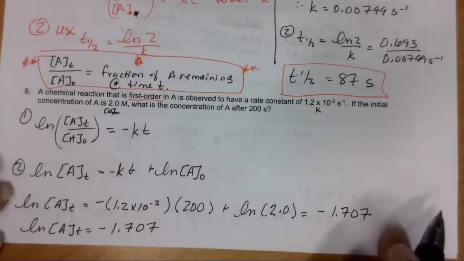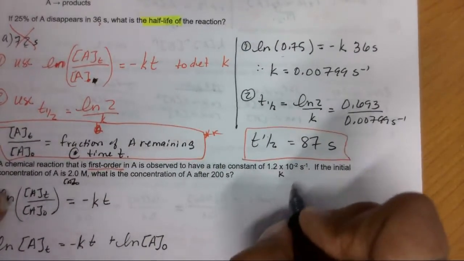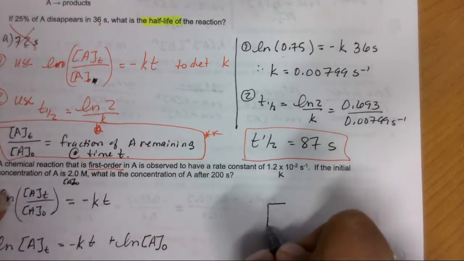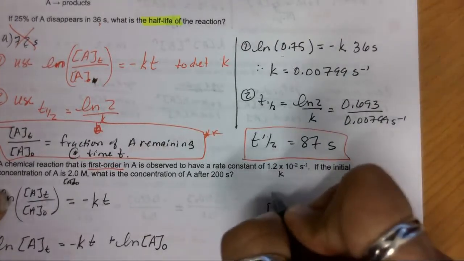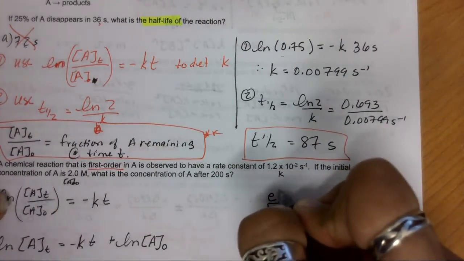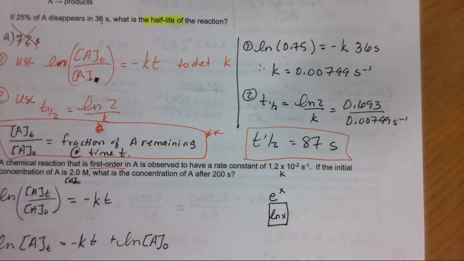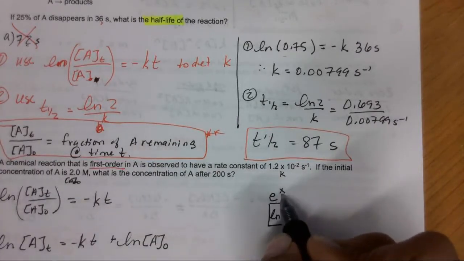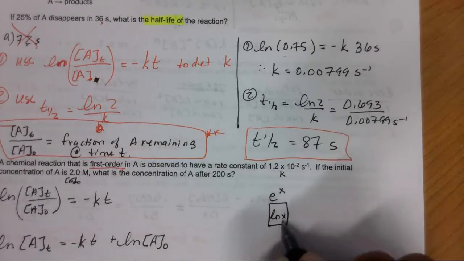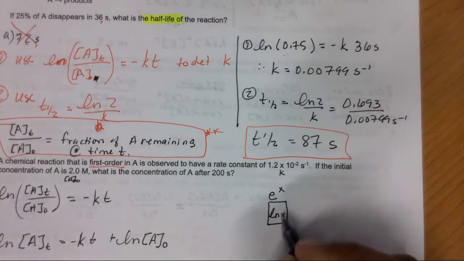Now, let me ask you something. How do we get the concentration of A out of here? If you look on your calculator, you've got a button that has the natural log of x, and right above it there is e raised to the power of x. This function is the inverse of the natural log of x, and you need to make sure that you practice this.